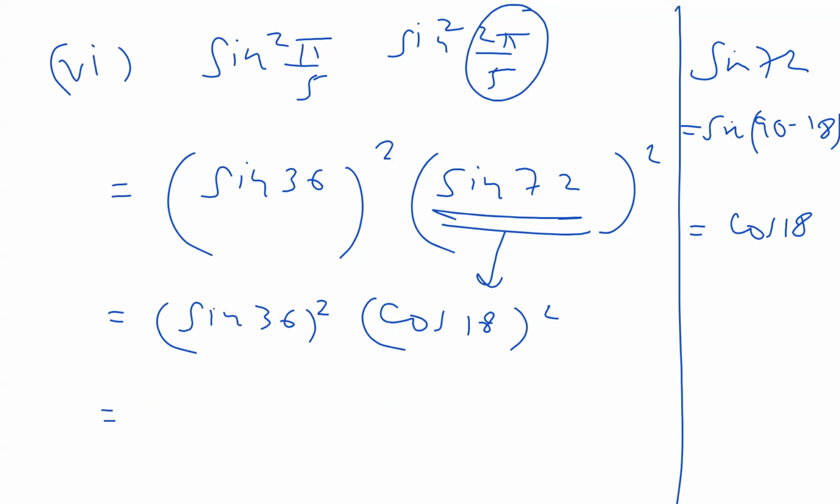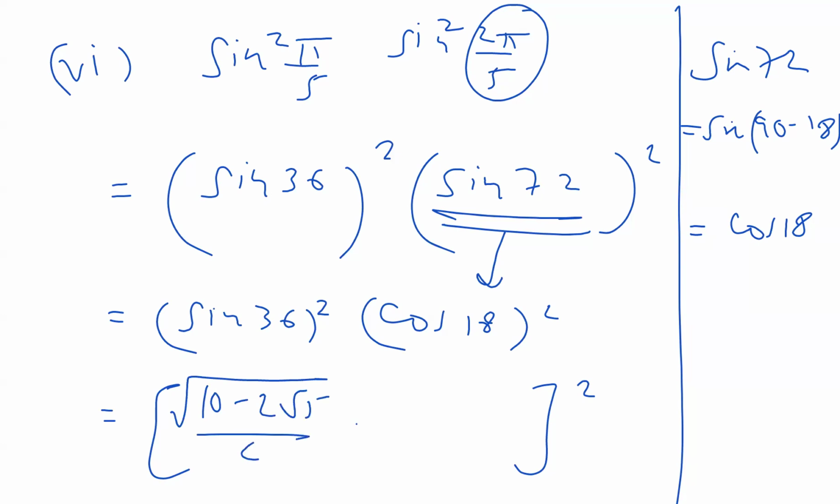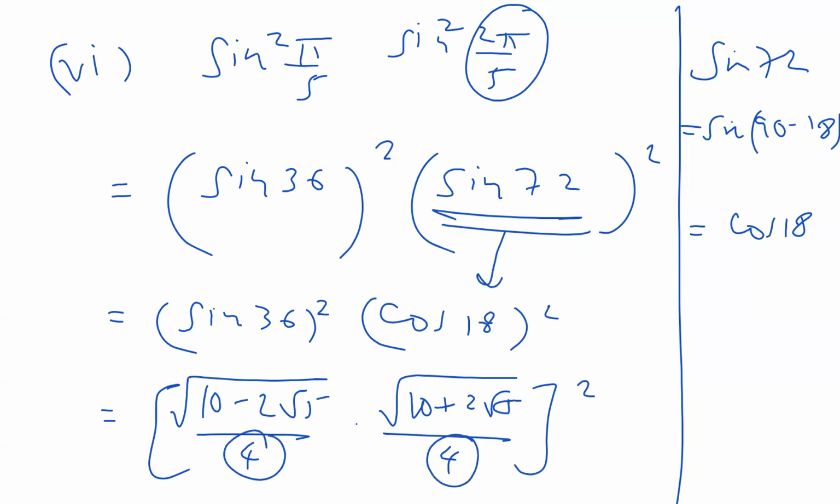Okay, so take the common square. Sine 36 is root of 10 minus 2 root 5 upon 4, and this is root of 10 plus 2 root 5 upon 4. So the root and square will go, and down 4 square for both.